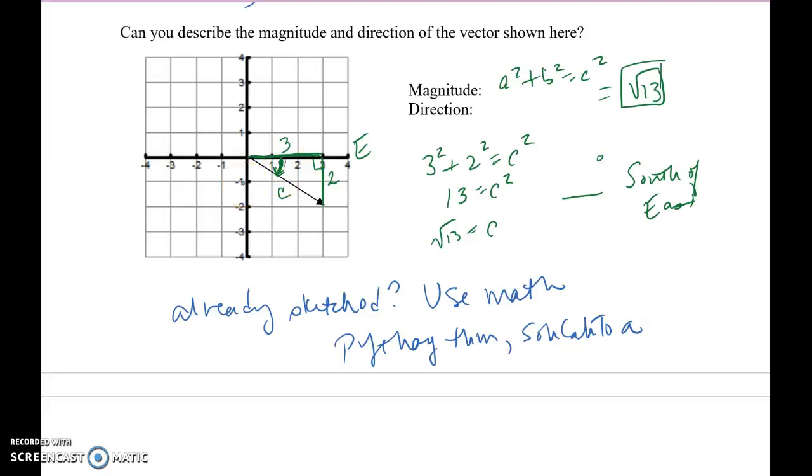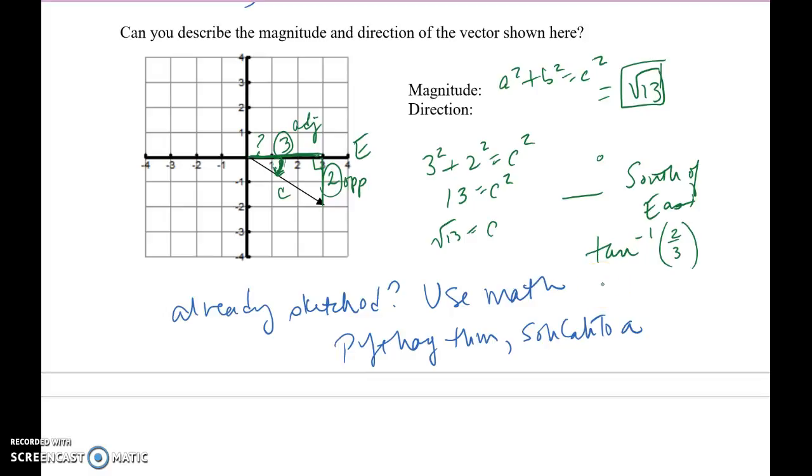Now let's find the actual angle. If you want this actual angle, that is why we know SOHCAHTOA. You know what I'm saying? When I look at this, this is what I'm trying to find. I know the opposite side is a 2, and I know the adjacent side is a 3. So I'm going to pick up my calculator and type in inverse tangent of 2 over 3. Why inverse tangent?